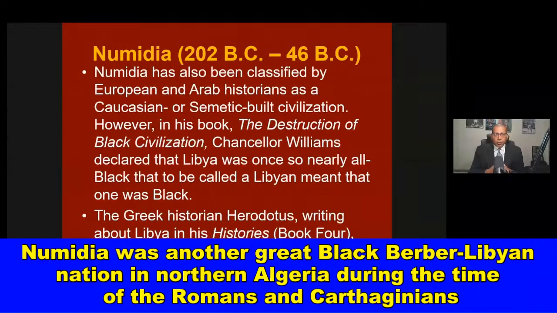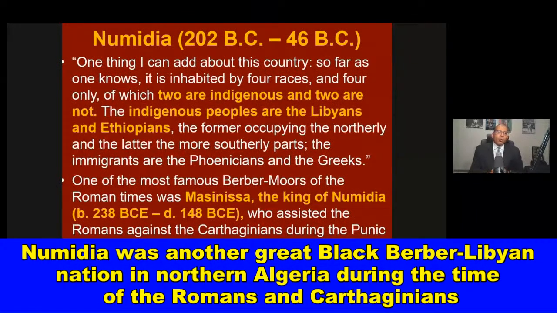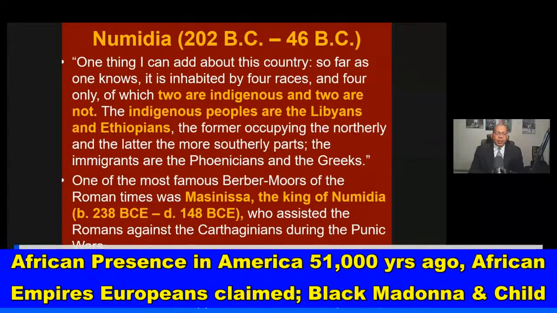The Greek historian Herodotus, writing about Libya in his Histories, Book 4, stated, quote, "One thing I can add about this country, so far as one knows, it is inhabited by 4 people, of which 2 are not."